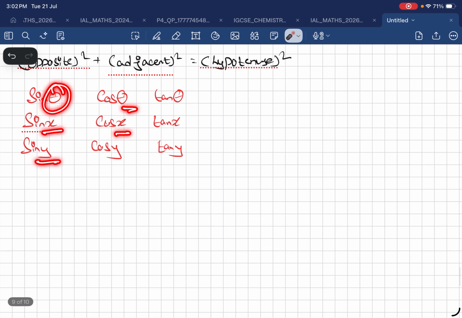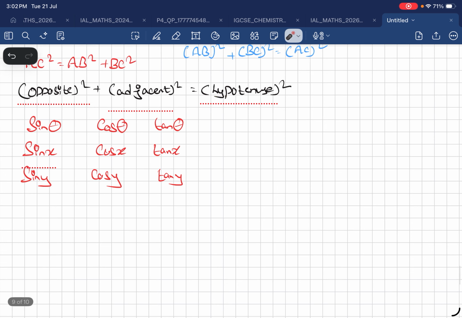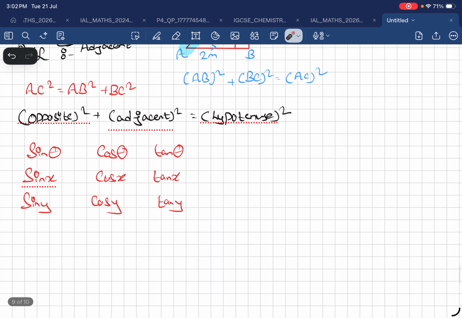In the question, it can be anything, so it doesn't matter whether you write theta, x, or y. Basically, we need to find the angle. The main thing you need to understand is what sine x, cos x, or tan x is. Like, what's the function? How do we find sine, cos, tan?